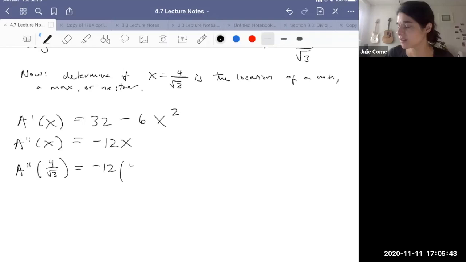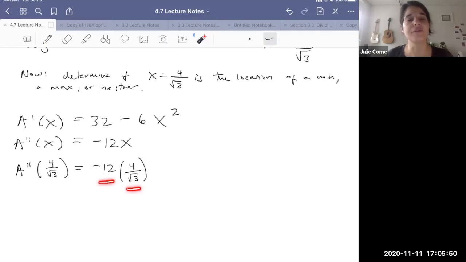All you need to know is the sign. Well, what's going to happen if I multiply a negative 12 by a positive 4 over the square root of 3? This is going to be a negative number. I don't need to know what number it's going to be. All I need to know is whether it's positive or negative.